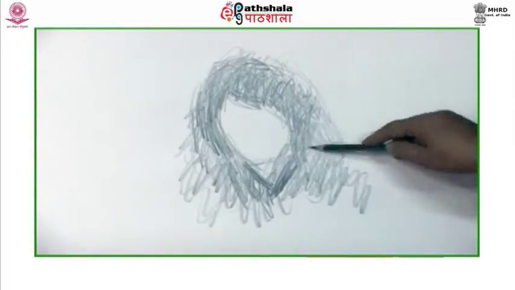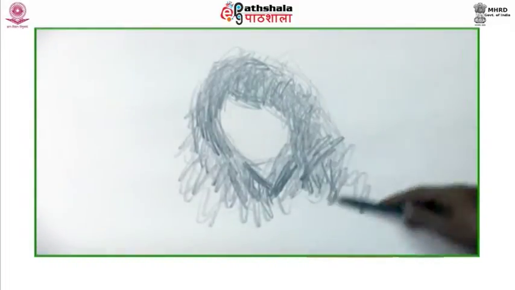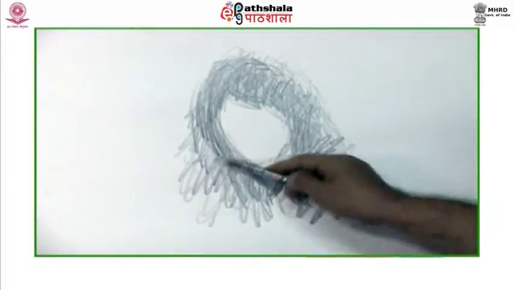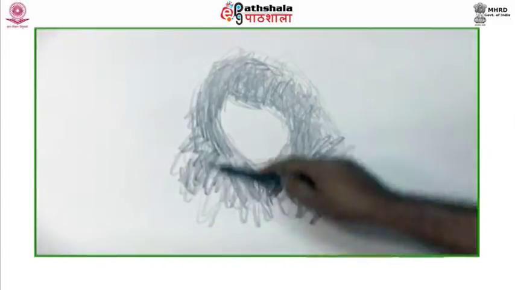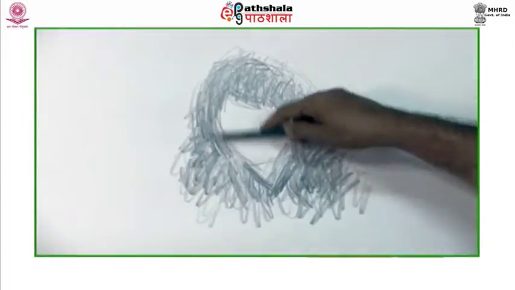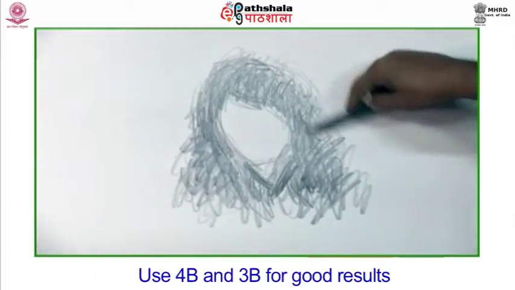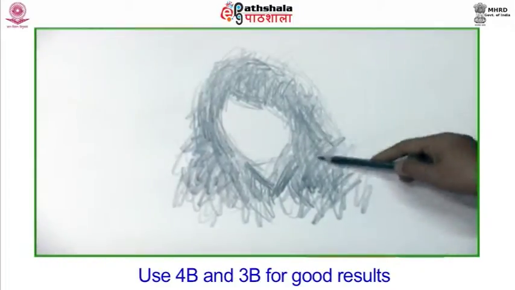To allow the two processes of seeing and producing to happen on paper, use any kind of pencil. Do not let unavailability of the right kind of pencil stop you. However, I suggest you use 4B and 3B for good results.